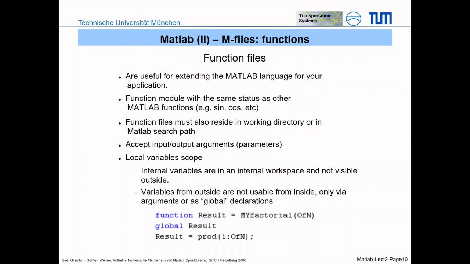You can of course assign it to any external matrix or variable you want. So it's just the internal name of the values. Then you push the equal sign, and then you name your function. In this case it's called my factorial, and then you have in the parentheses the input arguments, a list of input arguments. And then you write what the function should do.